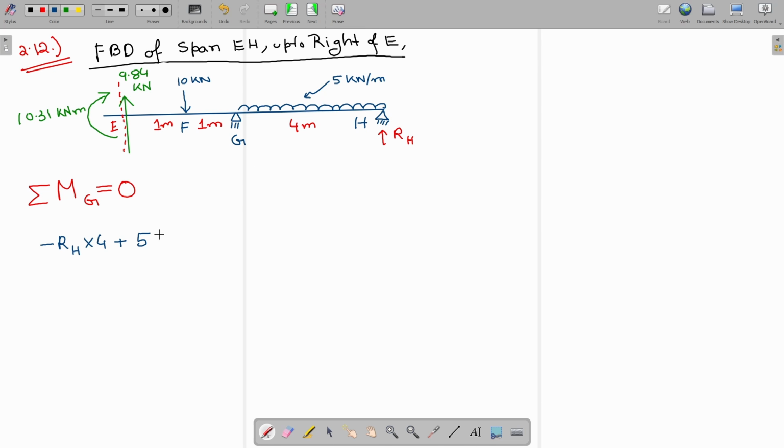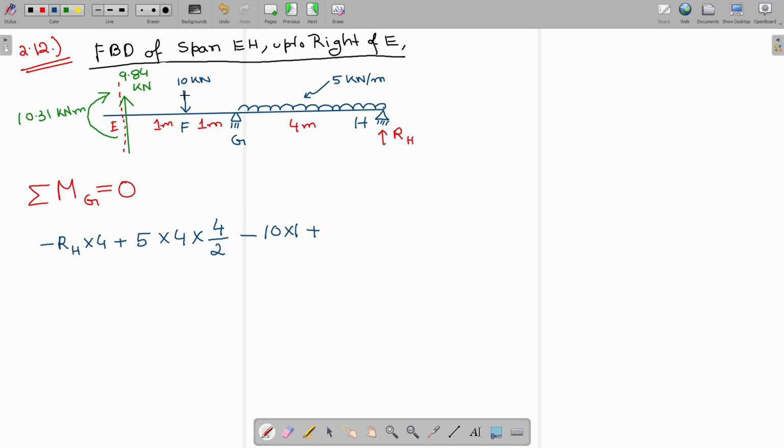This is the UDL, 5 kilonewton into 4. We are considering the total load, and this particular load is acting at a distance of 4 by 2, that is the centroid of this load is 2 meters away from G.